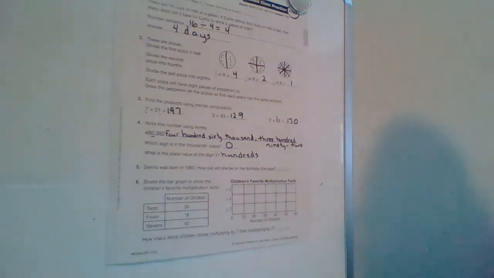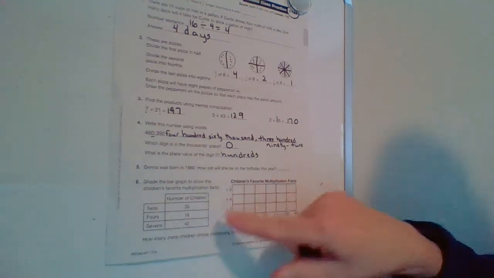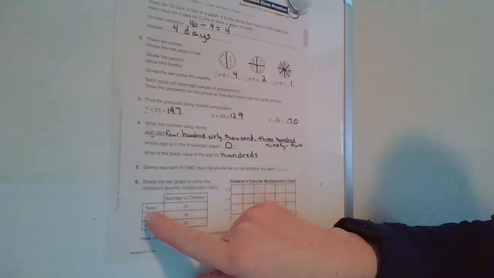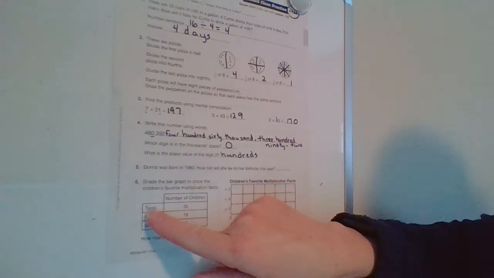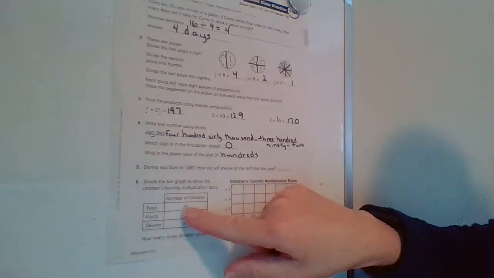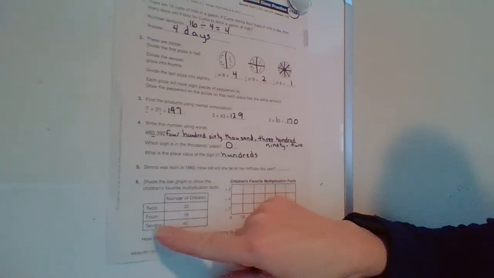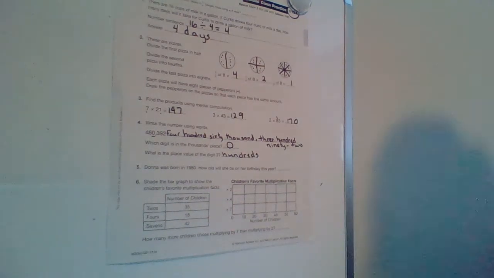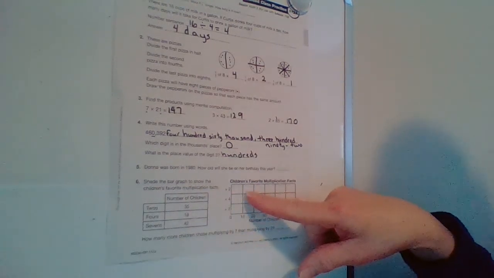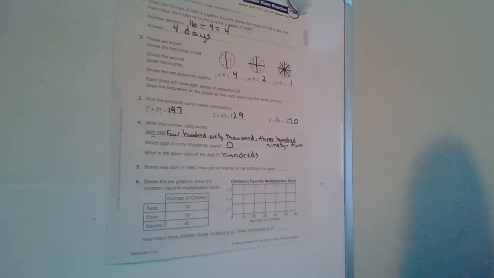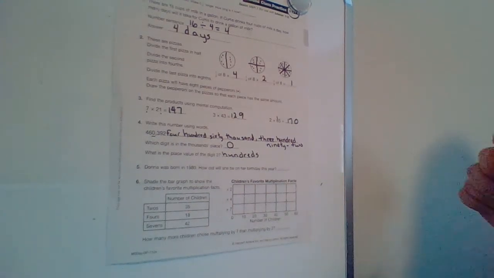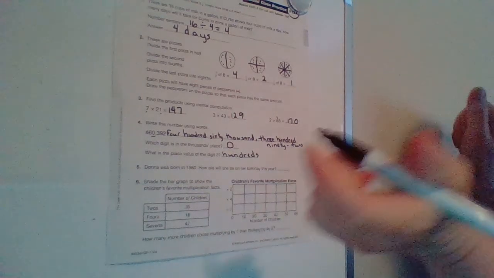All right, shade the bar graph to show the children's favorite multiplication facts. Okay, so we have number of children, and we have the 2s, 35 kids like that. The 4s, 18 of those kids like that. The 7s, 42 kids like that. So we're going to go ahead and shade these in. The 2s, it says 35 kids like those.